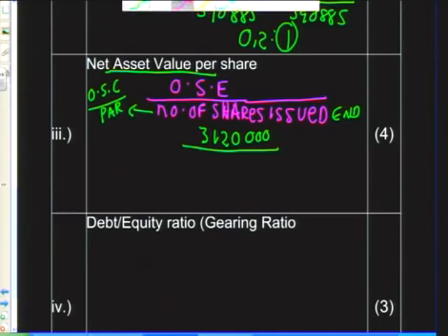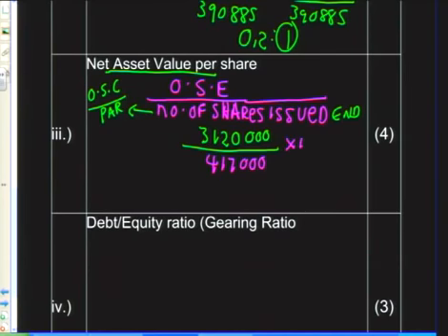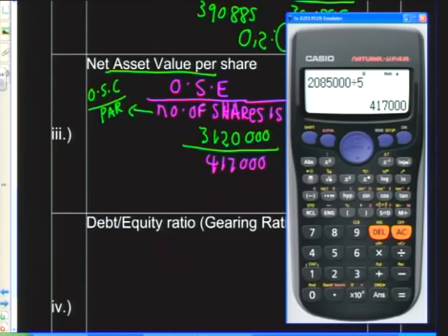Okay, 417,000. And remember, guys, I think I want my answer in cents, so I'm going to multiply by 100 to get my answer in cents. And again, the calculator out.